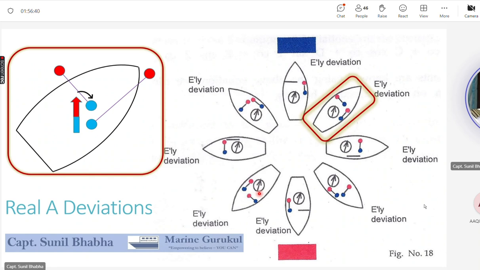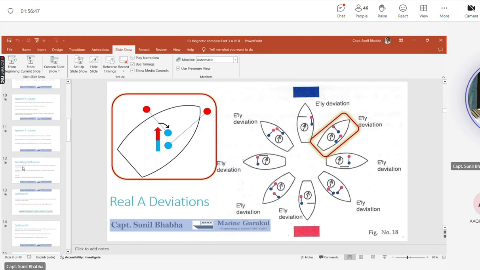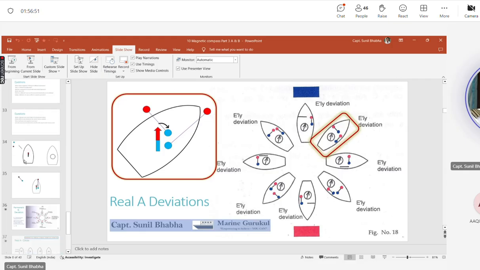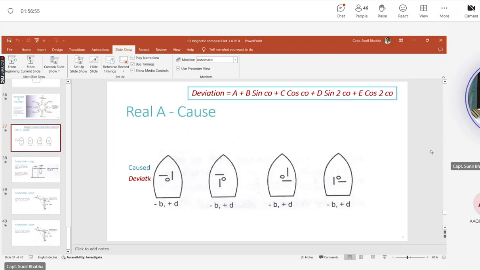Let me show you, just give me a minute. Okay. Now, do you see these four possibilities, four diagrams?